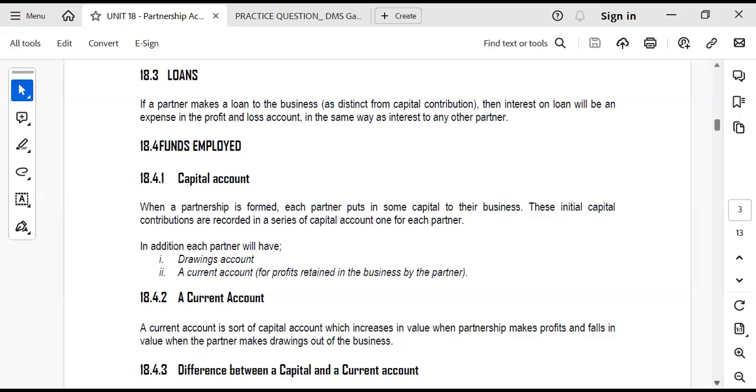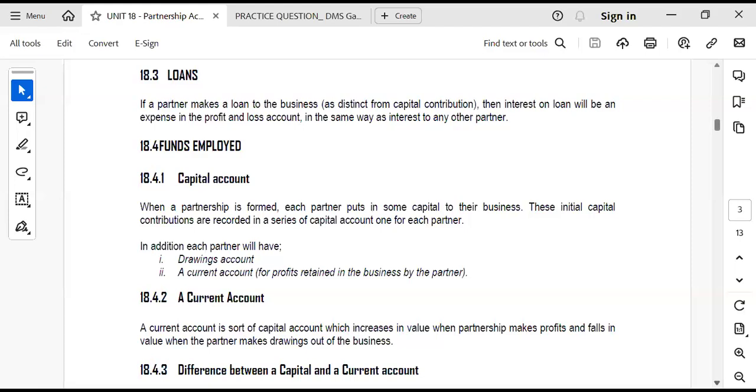We saw that we are supposed to first get a manufacturing account, feed it into the trading, and also get our net profit or loss. We did our not for profit. We saw that it will either have a surplus of income over expense, or will have a deficit, where expenses are more than the income.